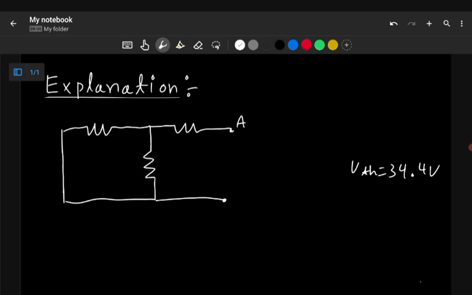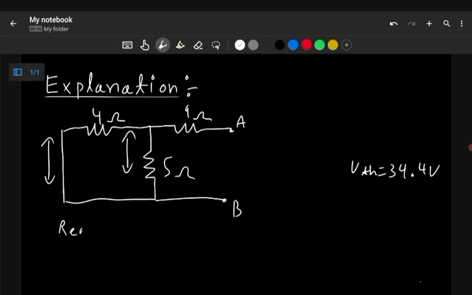This is point A, this is point B, this is the 9 ohm resistor, this is the 5 ohm resistor, this is the 4 ohm resistor. As you can see over here where the voltage source was, we placed a short circuit, and over here where the current source was, we placed an open circuit. So now we need to find the equivalent resistance Req of this circuit, and that will be equal to RTH.